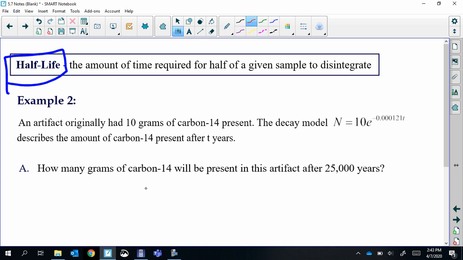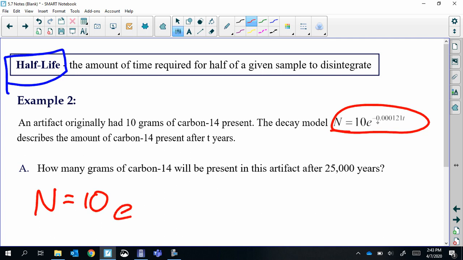So this doesn't tell us, it just gives us the equation here. So that's what we really need, though, because this is how many grams will be present after 25,000 years. So that just means we're plugging in 25,000 for t. And obviously this is decaying because it's a negative.